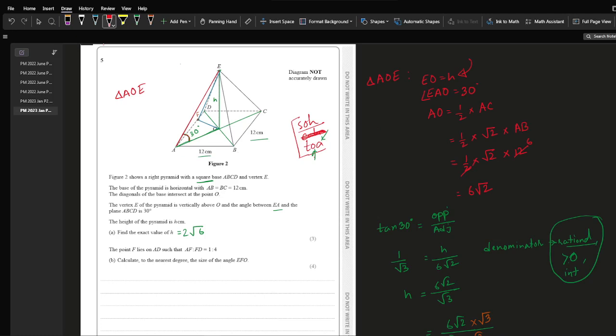We have the side H, and other than that we don't have anything for that triangle. By the way, it doesn't matter where you draw the F. It's just slightly easier if you draw it closer to the correct position. This is the angle we have to find, angle EFO.